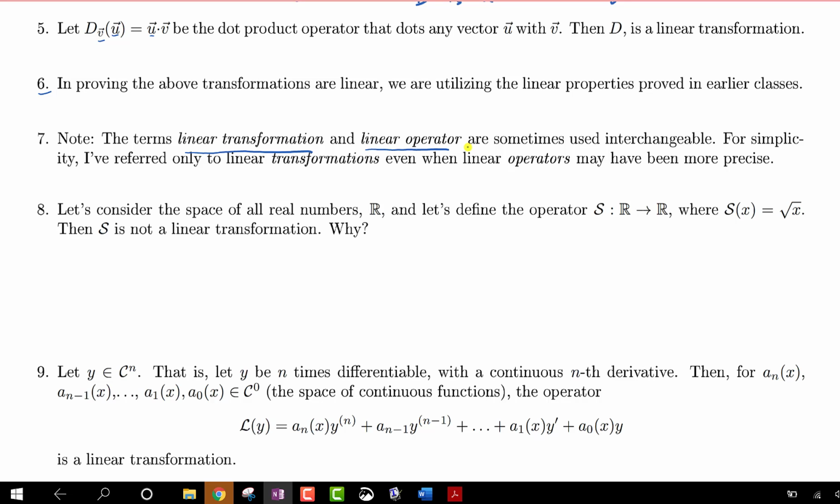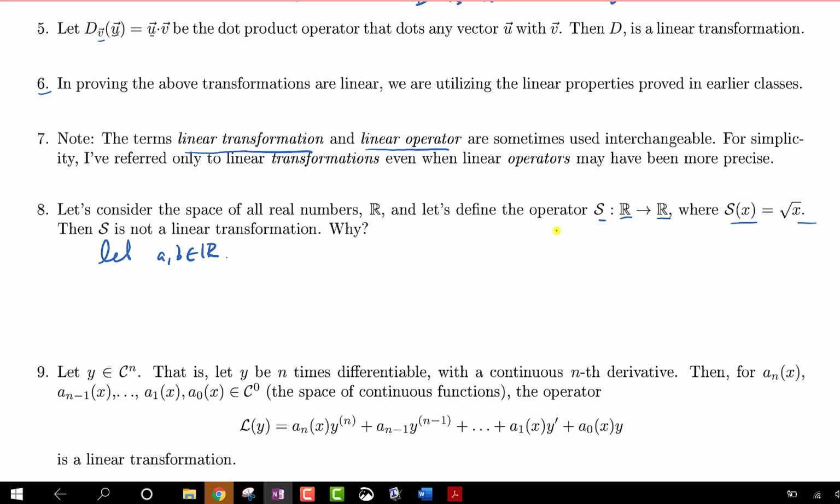Okay, so we've seen several examples of things that are linear transformations. Let's look at something that's not. Here I've got a mapping that's going to take real values to real values by the square root function. I claim that this is not a linear transformation. Why? Let's pick a and b in the real number system, meaning in this first space.